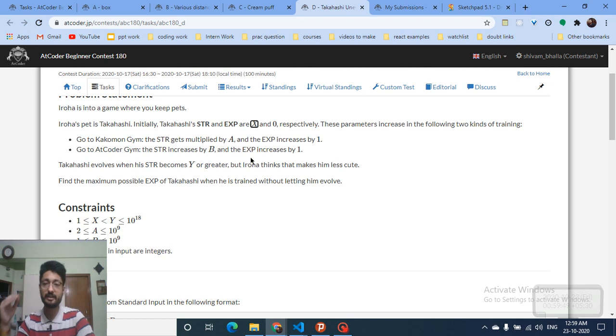But we want it as close to Y as possible, because as we go closer to Y, our experience will increase, since whatever we do in the gym, either the first gym or the second gym, our experience will increase. So we want the experience to be maximum, but at the same time we don't want the pet to evolve. So how can we do that?